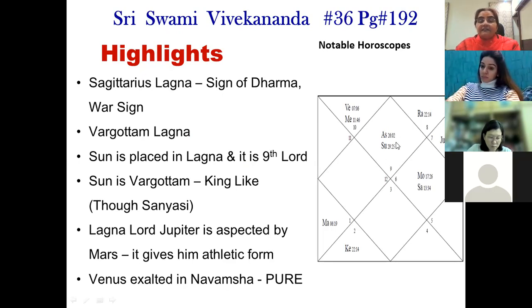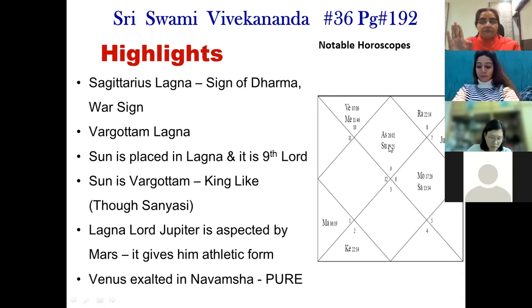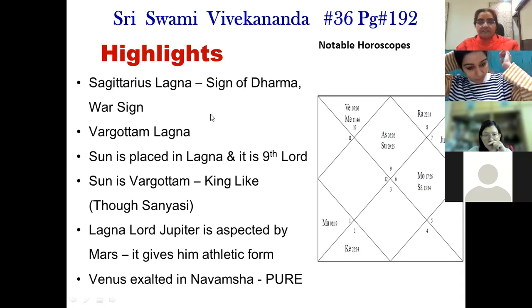And that is the sign of Dharma. Sagittarius is the ninth in the natural zodiac, and the ninth house is the house of religion or dharma. At the same time, it is also a war sign.